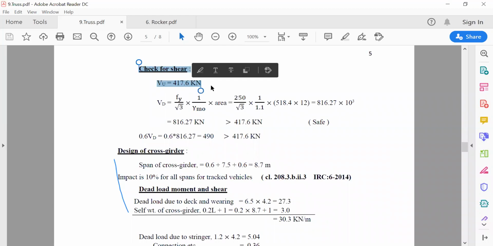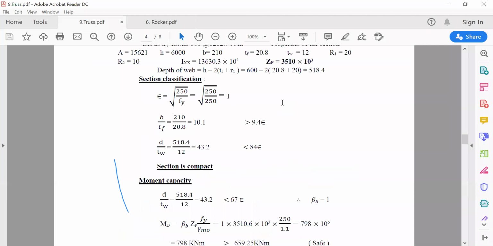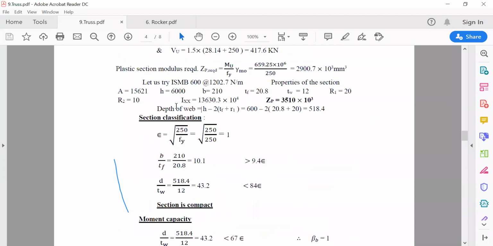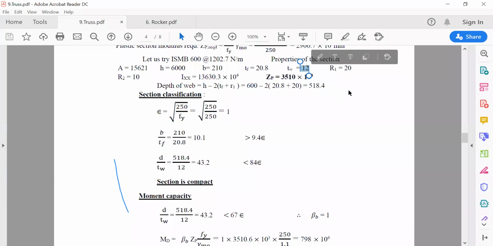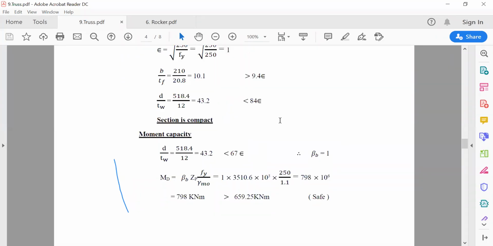For shear, this is the applied one. Then this is the design capacity of shear. In this capacity, Fy and the resistance factor are there. Area is the depth of web, this H, into thickness of web, TW. So this is done.